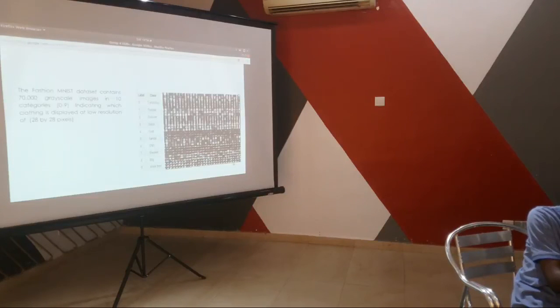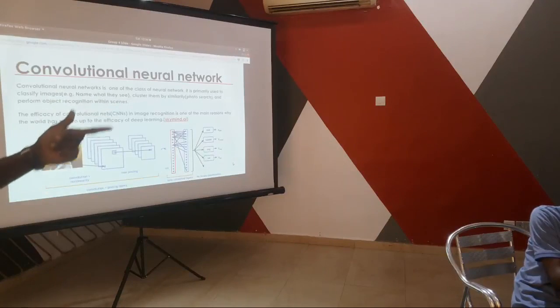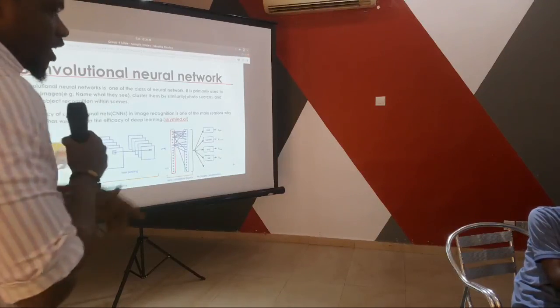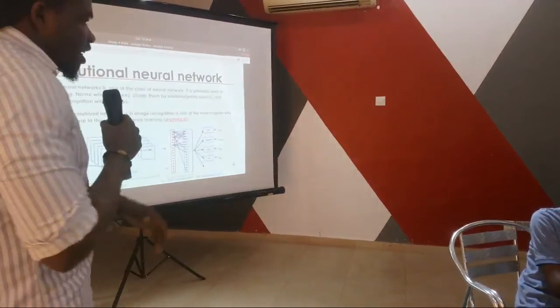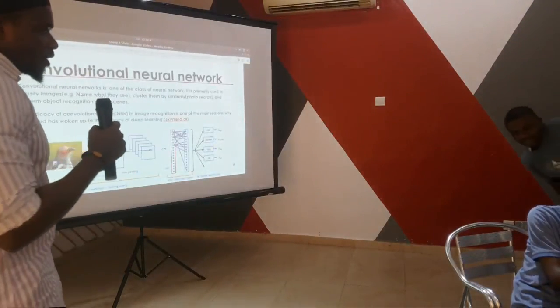The way it's formatted, it's 28 by 28 pixel, 70,000 grayscale images, in 10 categories. So we applied a convolutional neural network to do that. And then my colleague will take you through the process by which we explore the data sets and train it.